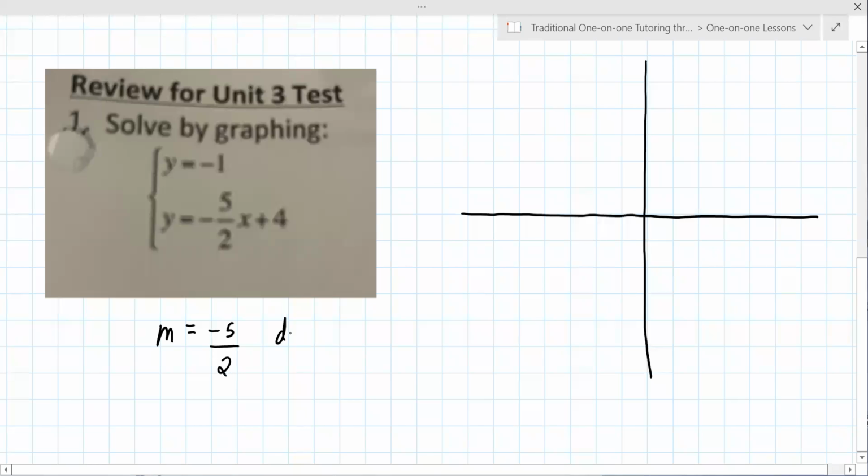It means down 5 and right 2. The reason it's down is because of the negative. And then right 2, that's always right 2.